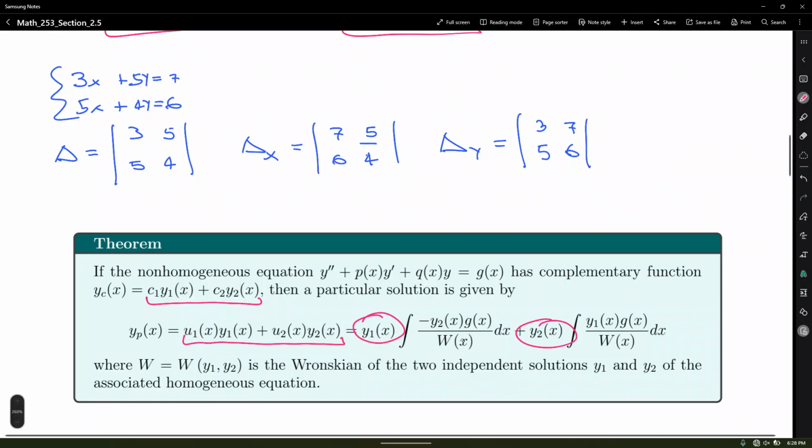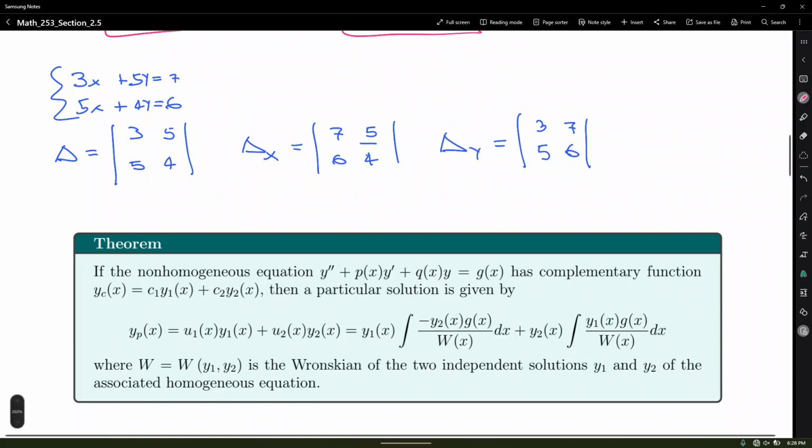That is going to be the denominator of these two integrals that we are set to evaluate when solving an equation like this. And we need to keep in mind what g of x is, which is going to be part of the integrands in our later solution to the differential equation.